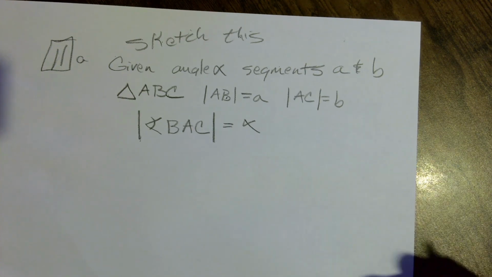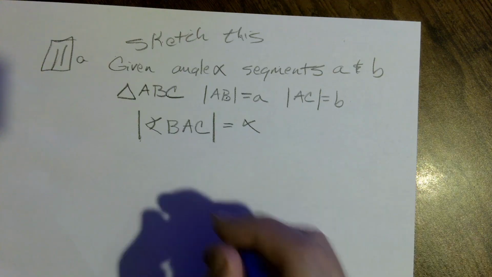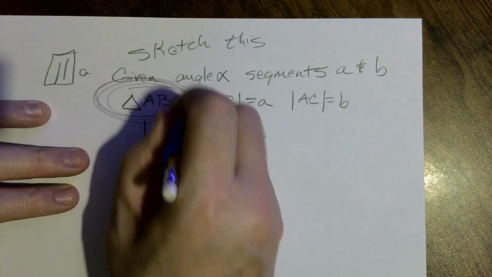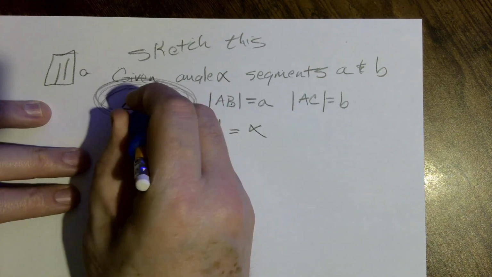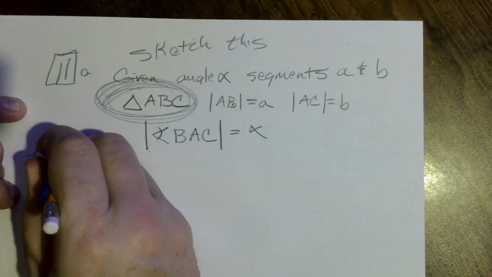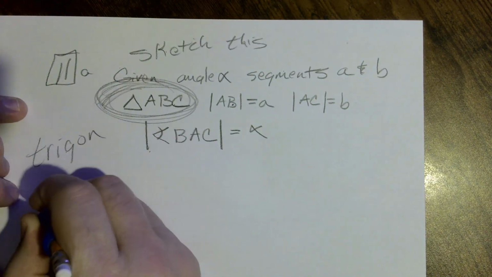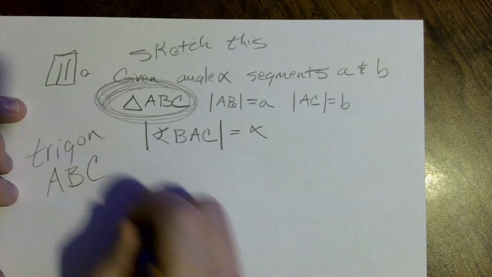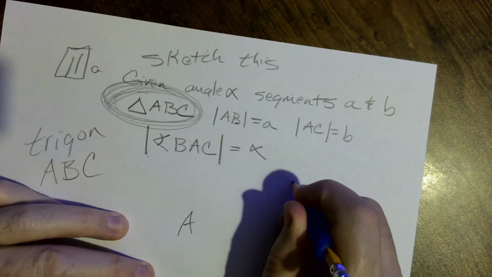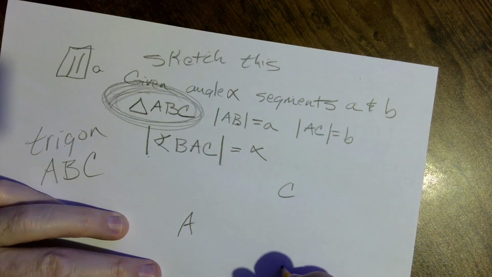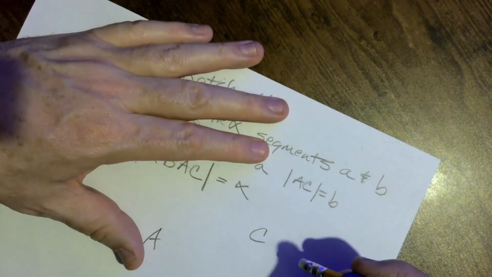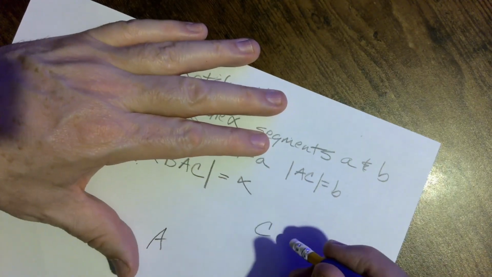I think it's just labeling. So we're going to have a triangle, a tetragon, or I'm sorry, a trigon, 3 sides, 3 angles, a trigon. Trigon ABC. We'll say here's A, here's C, here's B.